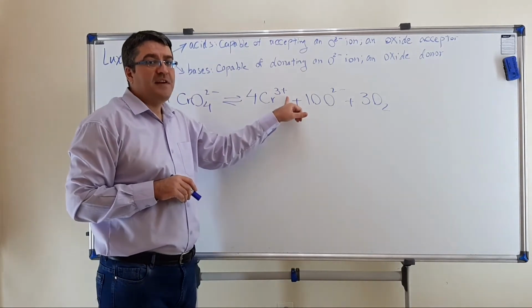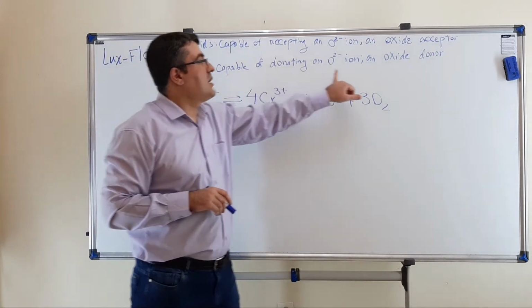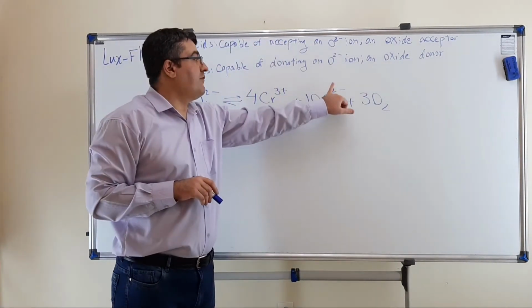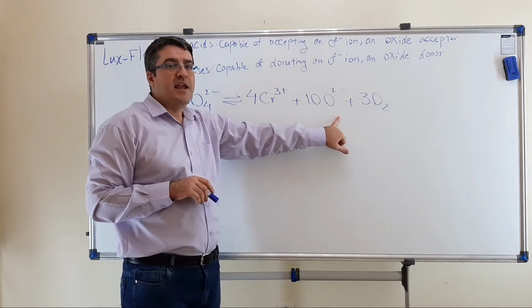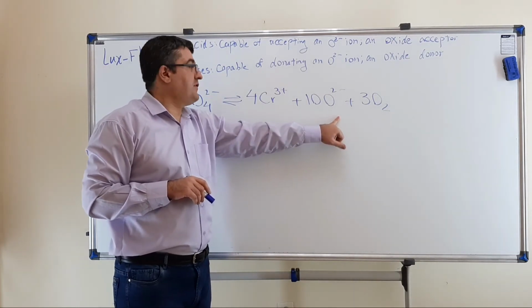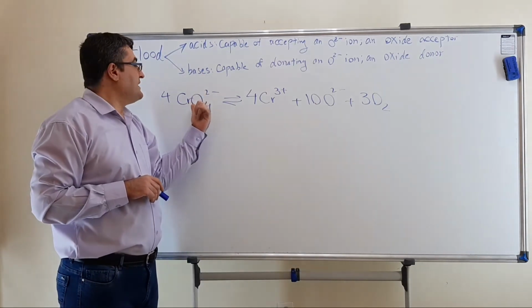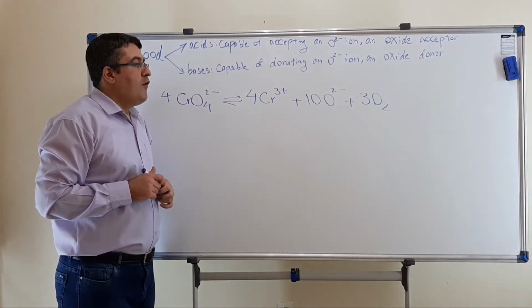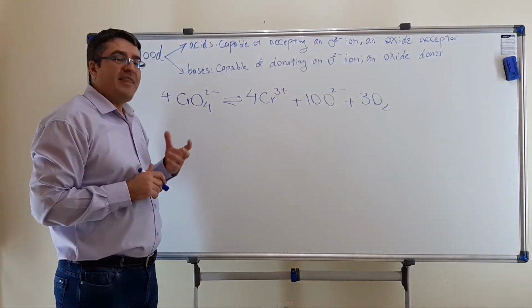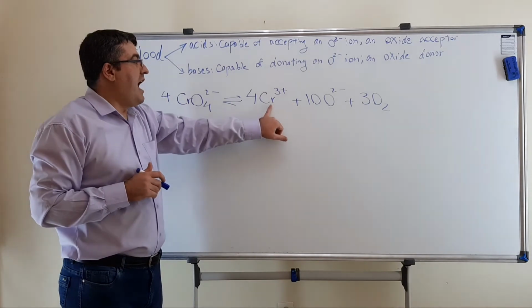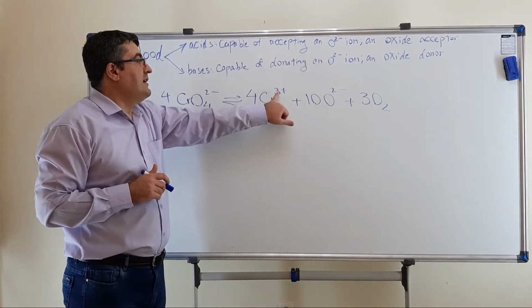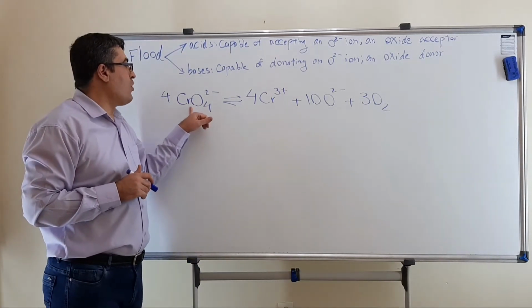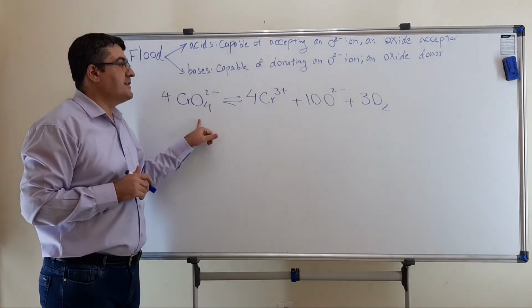On the other hand, if glass is basic, as Lux-Flood bases are oxide donors, there will be more O2-, and this chemical equilibrium is shifted to the left, producing and increasing CrO4 2-. In the case of an acidic glass, we have more Cr3+, and in the case of a basic glass, we will have more CrO4 2-.